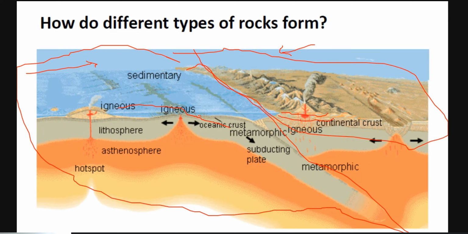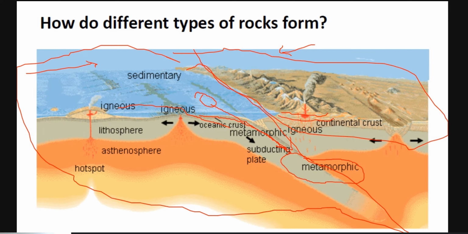When this plate gets subducted, what will happen? As you go inside the earth, the temperature and pressure increase. The sedimentary rock will go through immense temperature and pressure, and it will metamorphose.